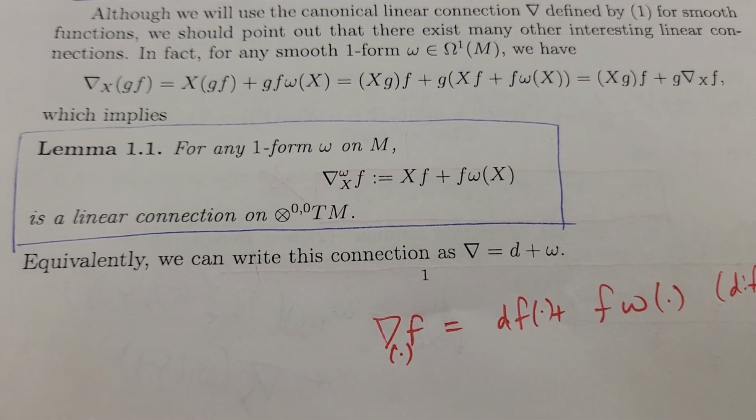And you can just check that it satisfies the Leibniz rule and the linearity in the first argument, and so it is a linear connection on this line bundle, which is T^0_0 M. So I'll just show you the formula real quick. It's right there, okay?